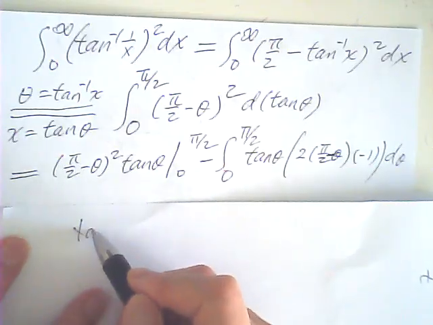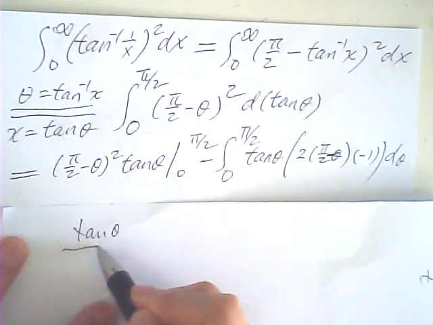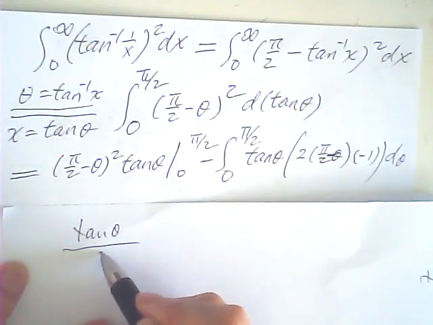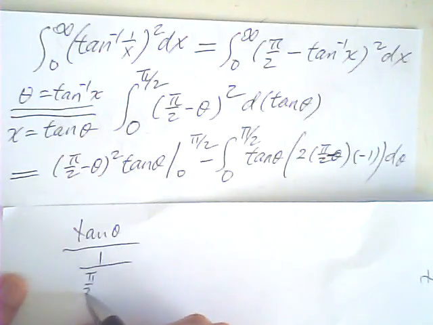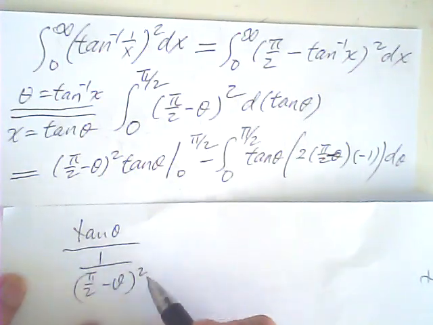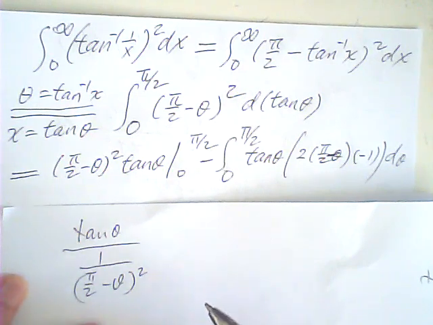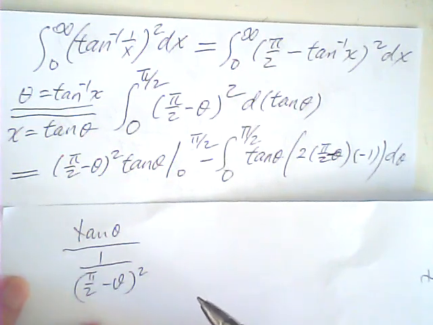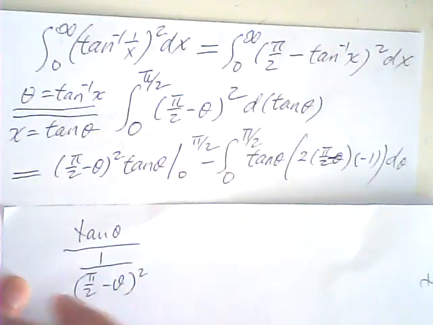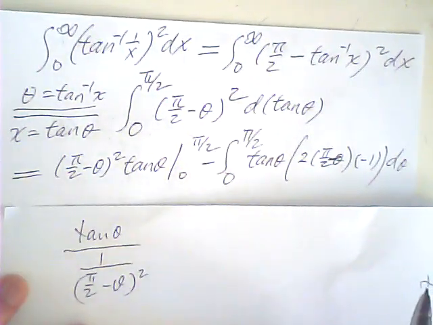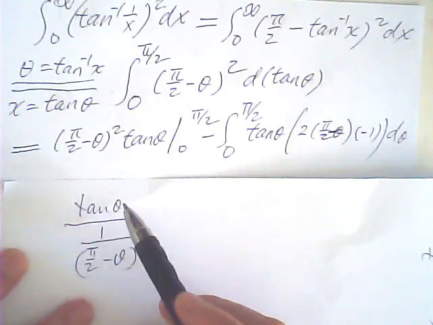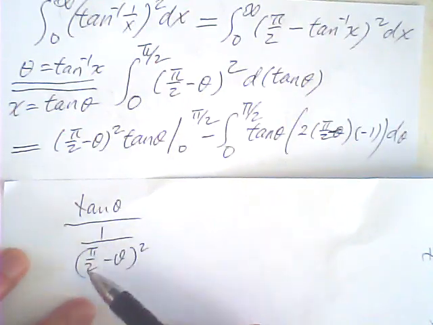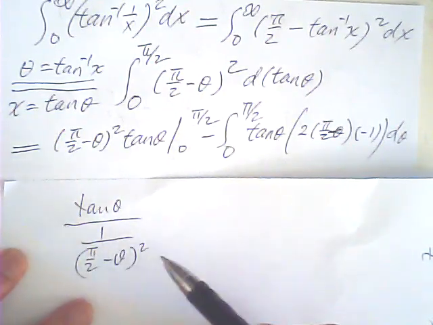This one is a tangent theta over 1 minus half pi minus theta squared, right? When theta goes to half pi, this goes to infinity. So this one goes to infinity.